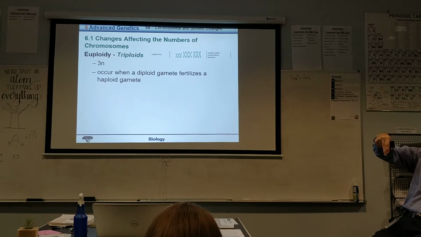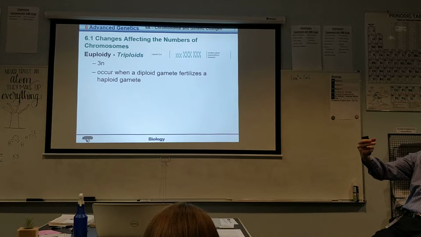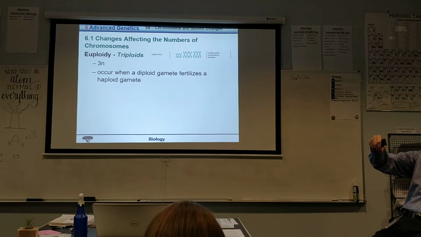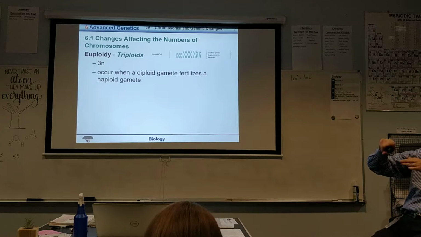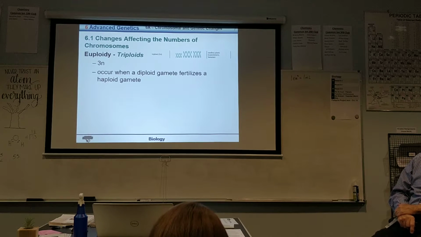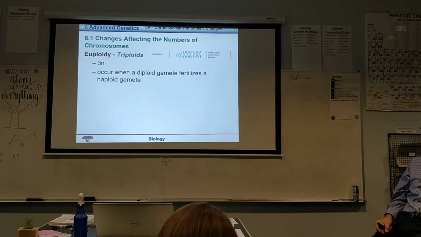Now, what do you think went to the other one? Nothing, right? Or 0 on that side. And so that gamete's going to become nothing, because it doesn't even have what it needs. But this one got both of them. So instead of forming a haploid gamete, it formed a diploid gamete.